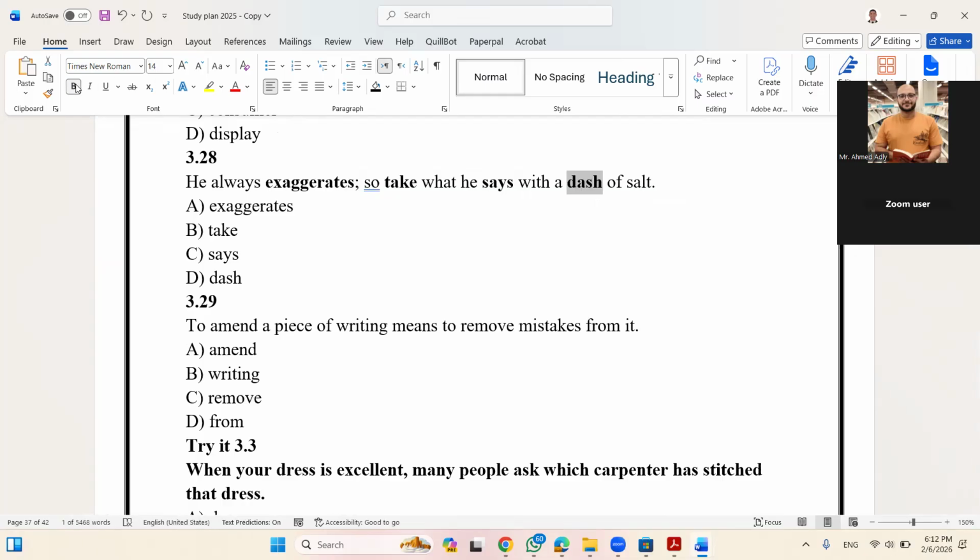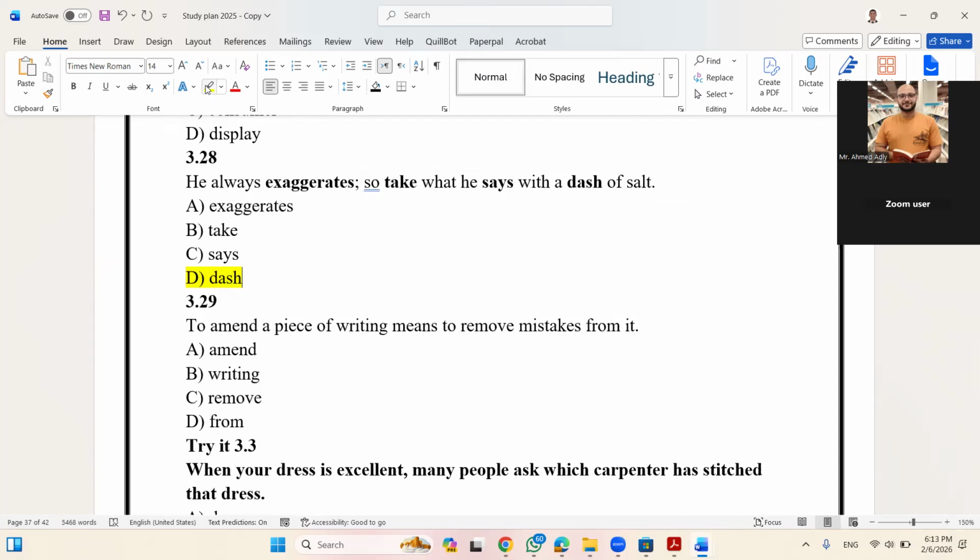I said it, by the way. Okay, this is an idiom: to take something with a pinch of salt, not a dash of salt. If you take something with a pinch of salt or a grain of salt, this is an English idiom, all right?